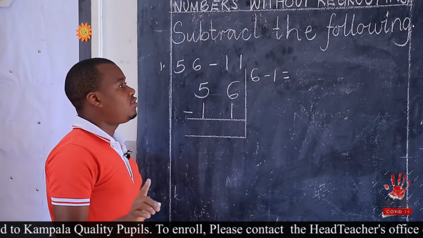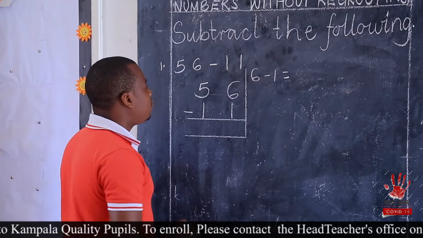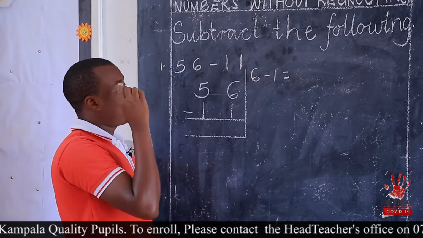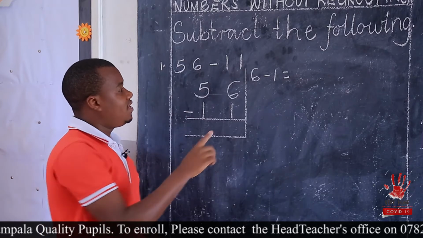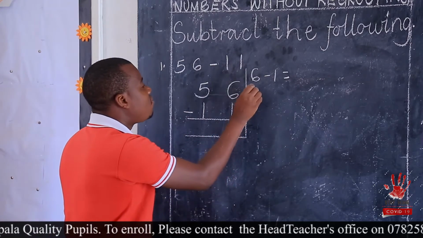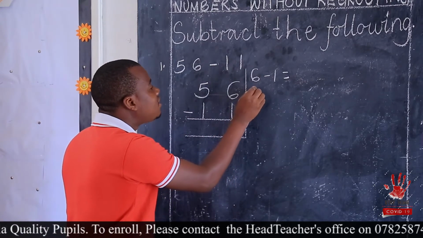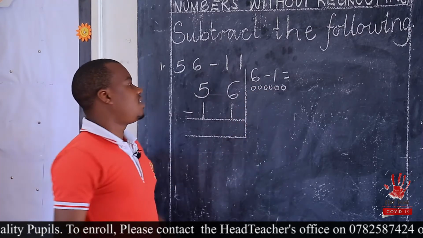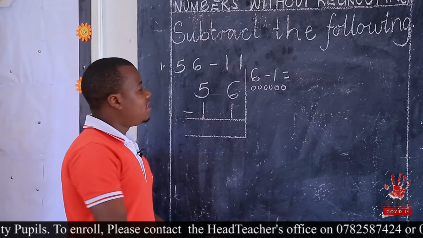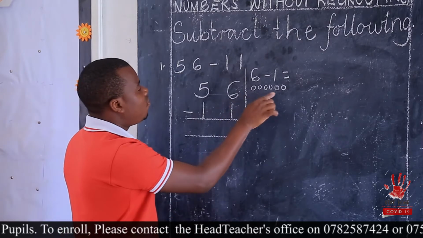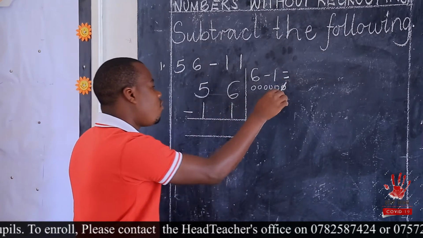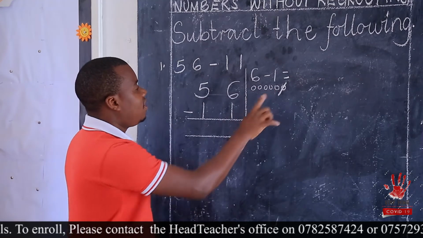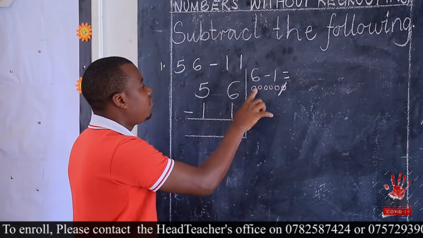In part of work, there are those good children who say, 6 take away 1, and they start thinking. If it is disturbing, you can come and draw here 6 balls: 1, 2, 3, 4, 5, 6. This is allowed in part of work. 6 take away 1. So after drawing 6 balls, you remove 1. So what is the answer? 1, 2, 3, 4, 5.